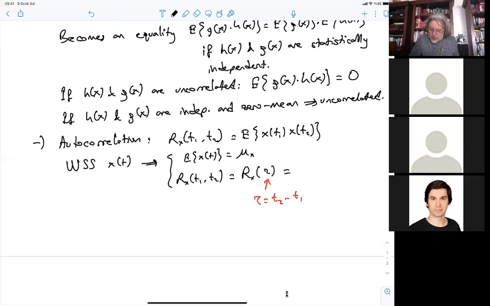Which can also be obtained as an expected value of x of t and its tau shifted version, which is x of t minus tau, like this. So if these two conditions are satisfied, then it means x of t is wide-sense stationary.